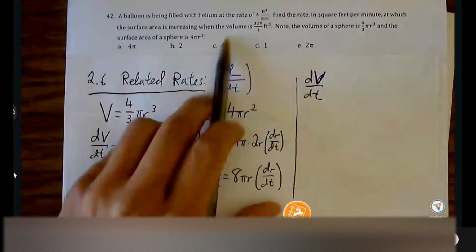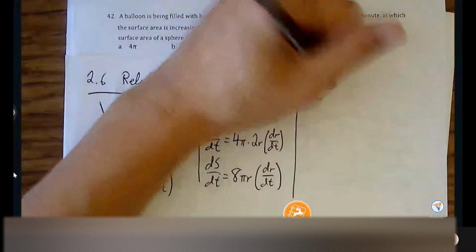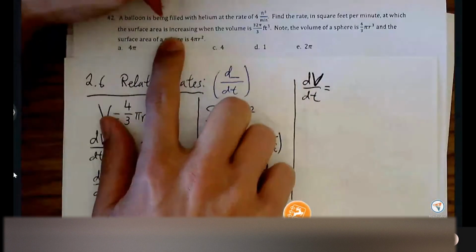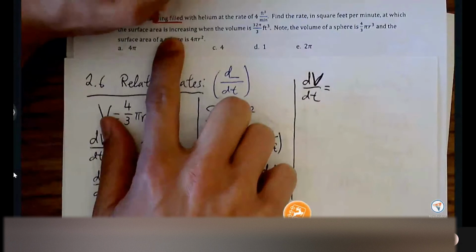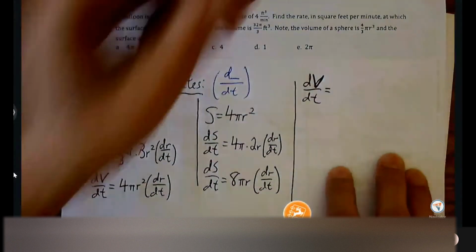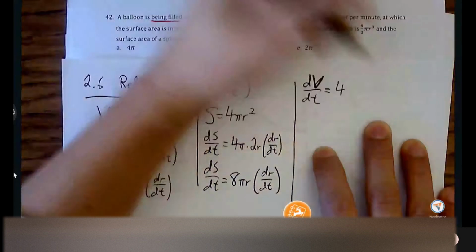Now, is this a positive or negative rate? Positive, right. We see some context clues here. It says being filled. We know the volume of the balloon is growing. So positive 4.